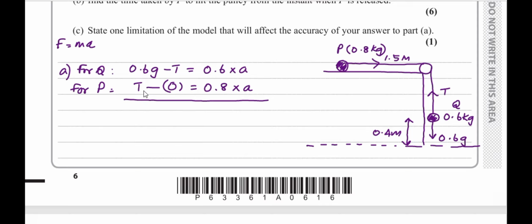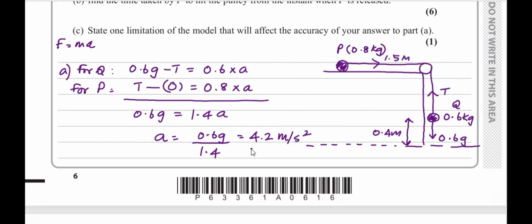Therefore, if you add them, we can eliminate T. So that means adding, 0.6g equals 1.4a, leading to a equals 0.6g divided by 1.4. Putting into the calculator, we get 4.2 meters per second squared.